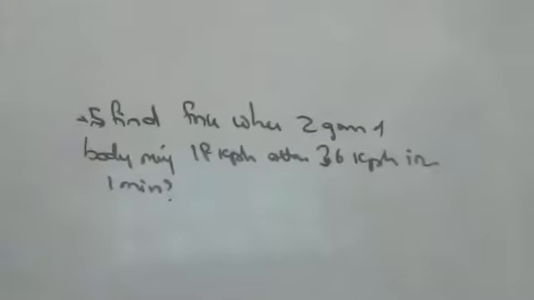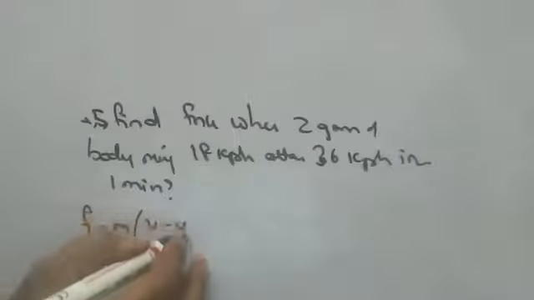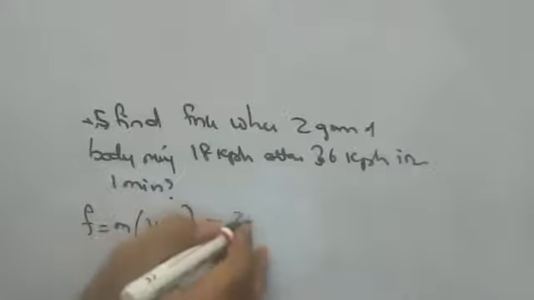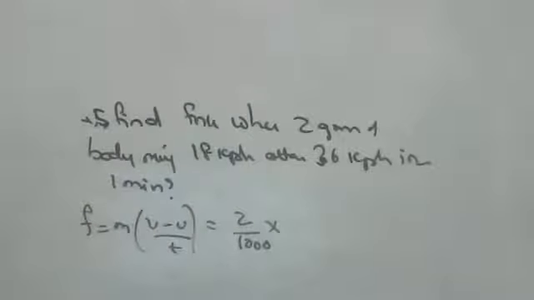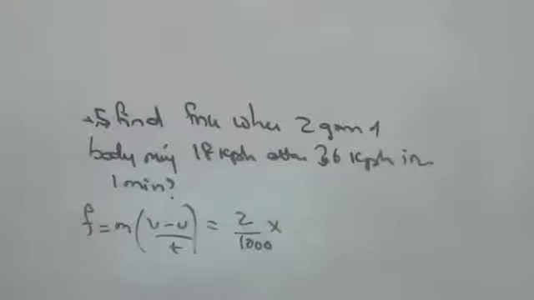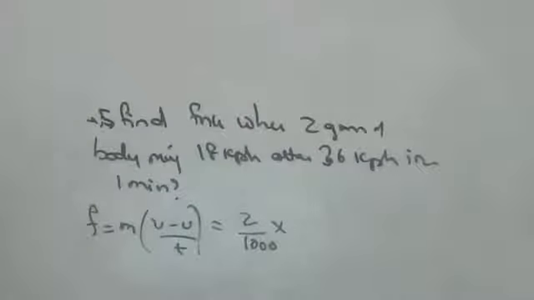Everything I gave in different units. So what is our formula? F is equal to m (v minus u) by t. Mass, grams to kgs, divide by 1000. Never forget grams to kgs by 1000. Always you have to remember. Suppose if you don't remember, write it somewhere and keep it, so that you keep seeing it whenever possible.